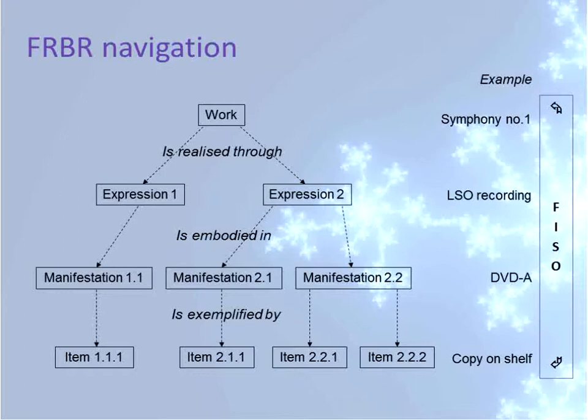I've left that detail out of this diagram. So typically, these primary relationships in FRBR say that a work is realized through one or more expressions. An expression is embodied in one or more manifestations, and a manifestation is exemplified by one or more items. As an example, we can consider Beethoven's Symphony No. 1.